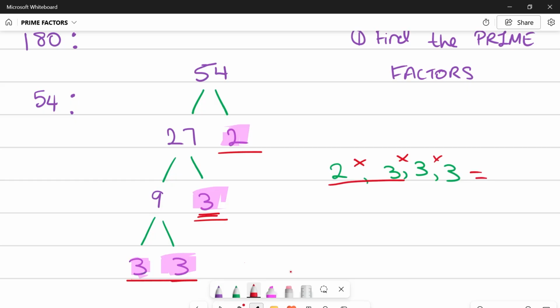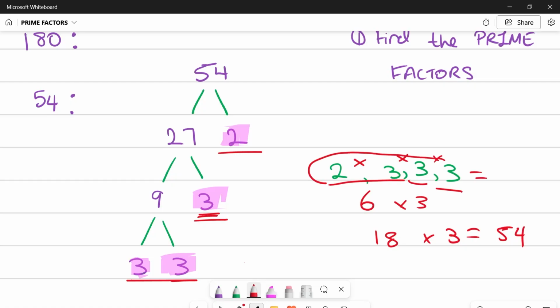So 2 multiplied by 3 gives us 6. 6 multiplied by 3 gives us 18. And 18 multiplied by 3 does in fact give us back 54. So we've correctly found the prime factors of 54: 2, 3, 3, 3. So let's write them in.